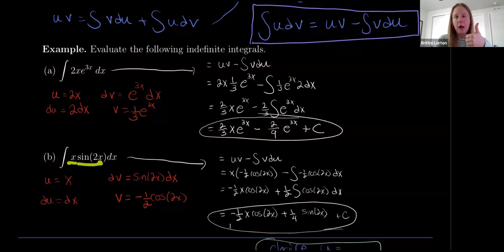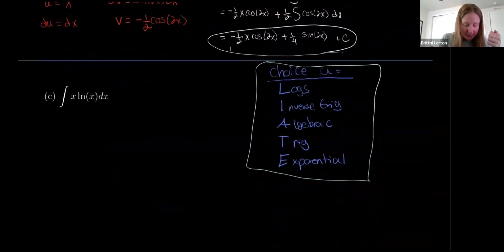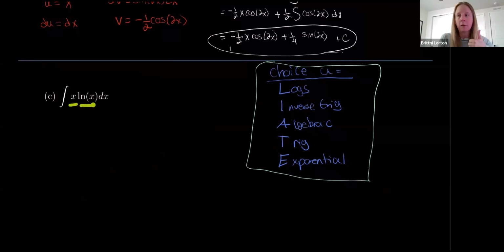Log? No log, so I move on. Inverse trig? No, so I move on. Algebraic? Oh, I had an algebraic, so I had to let my u be the algebraic. Same thing here. I have an x and an ln. Logs? Oh, I have a log, so you have no choice. I have to let u be the ln. And then dv is always going to be just the other one.